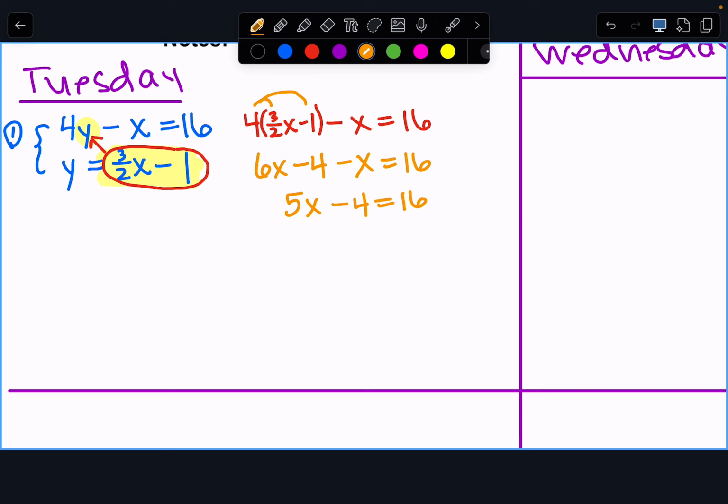Oh, this is starting to be kind of nice, isn't it? Okay. Well, this is like a 6x minus x. Oh, yeah. Okay. So now we can add 4 to both sides, so 5x equals 20.